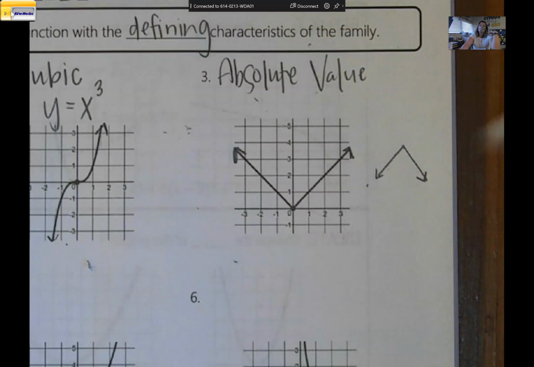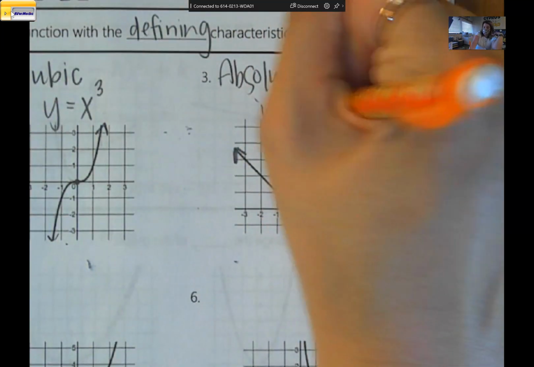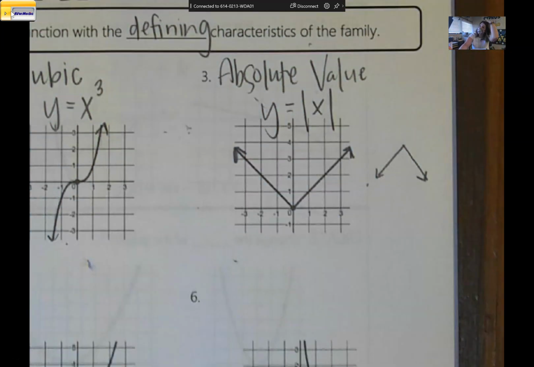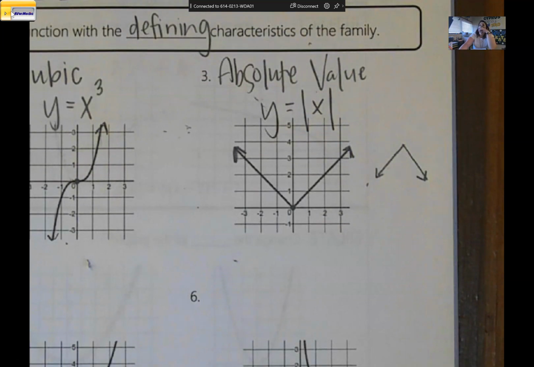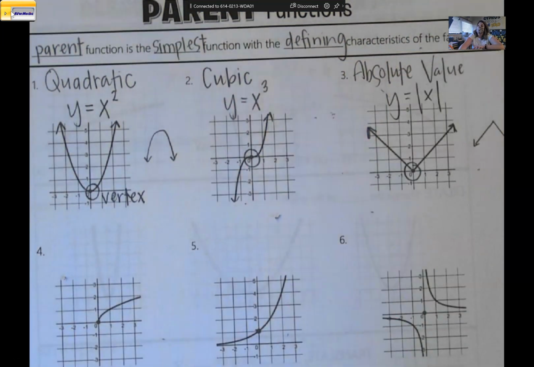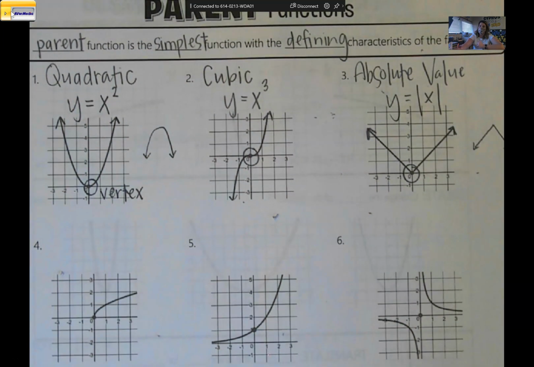He's a V or a triangle. His symbols are the straight lines around the x. For all 3 of these parent functions, notice that their vertex is in the same position. And the vertex is like the center or the beginning, for lack of a better word, of the function.